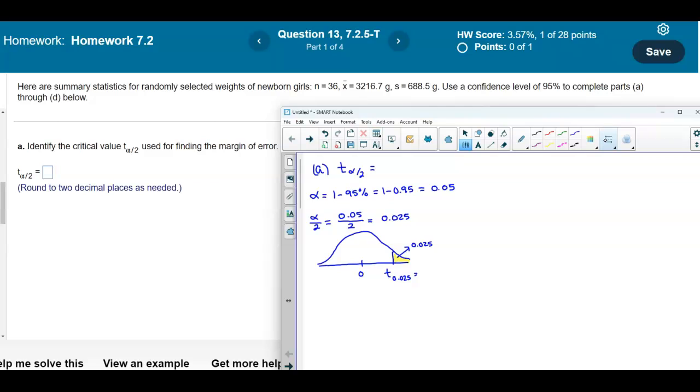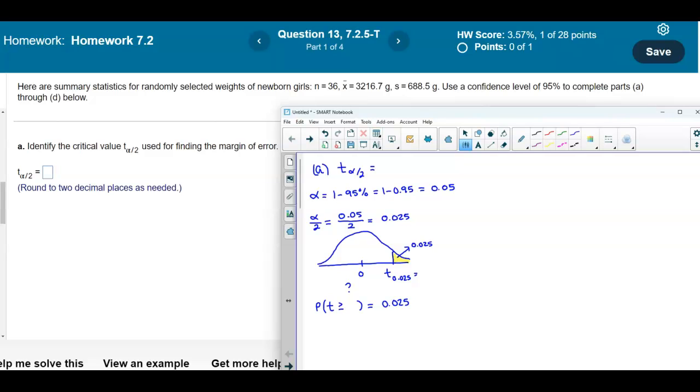We want the probability that t is greater than or equal to the critical value to have an area of 0.025.